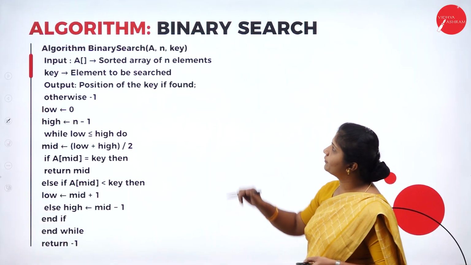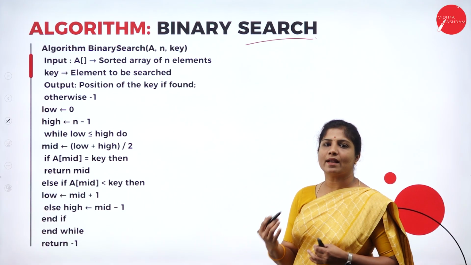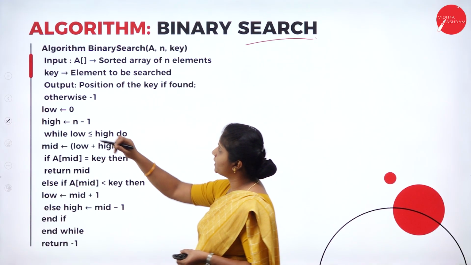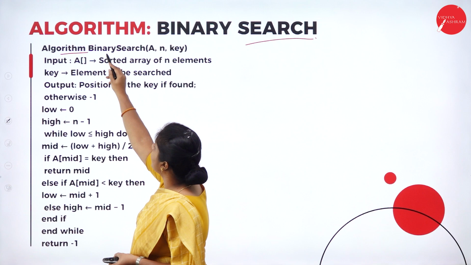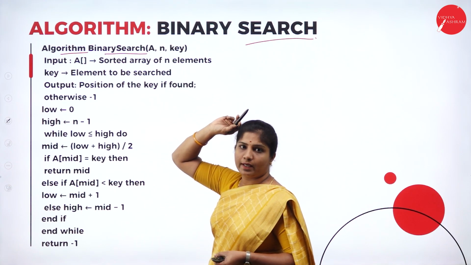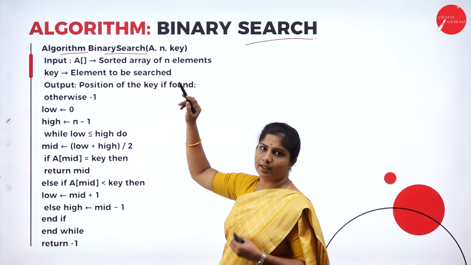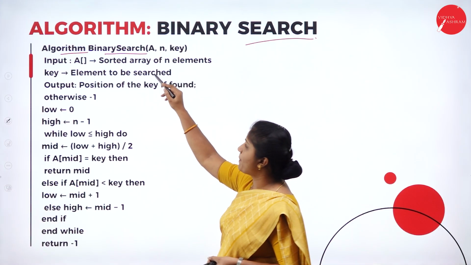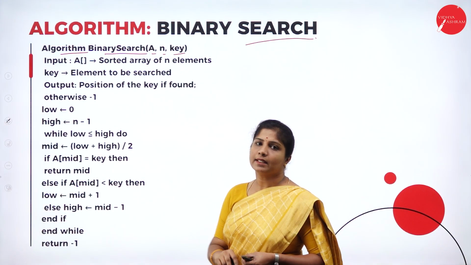Next we have the algorithm for binary search. How can we write the algorithm? As we said, we begin with the keyword algorithm, then the name of the algorithm, that is binary search, and the elements we are taking are represented as parameters, that is array, n number of elements and key.